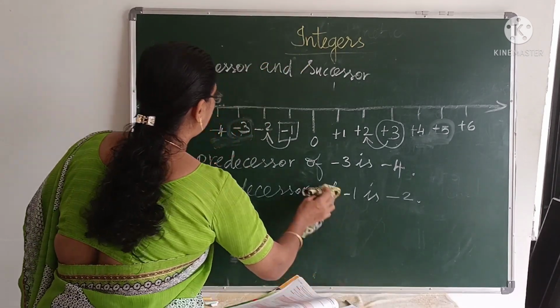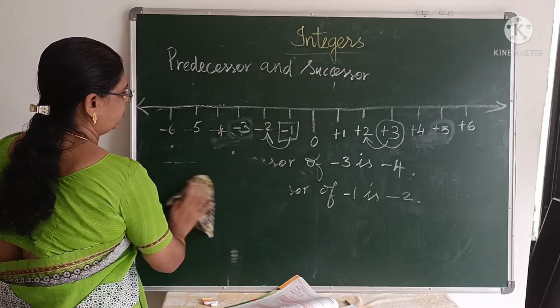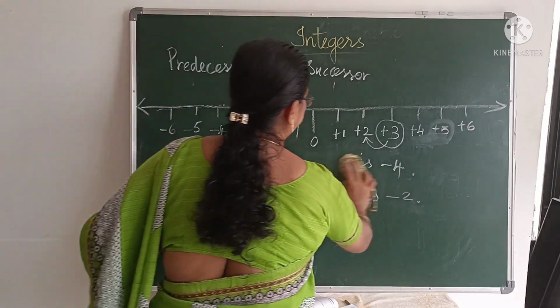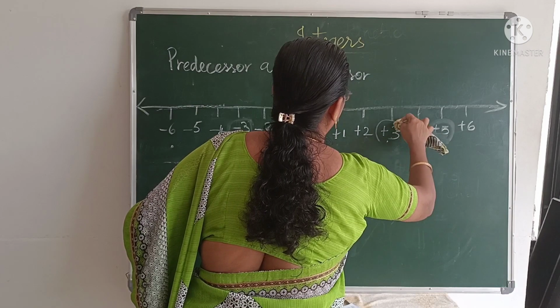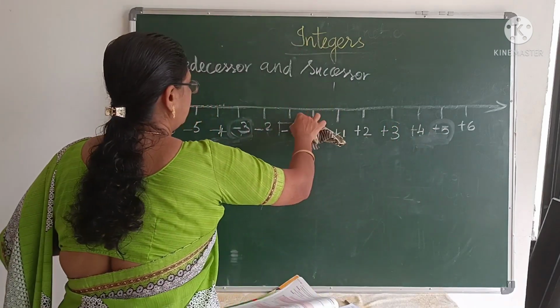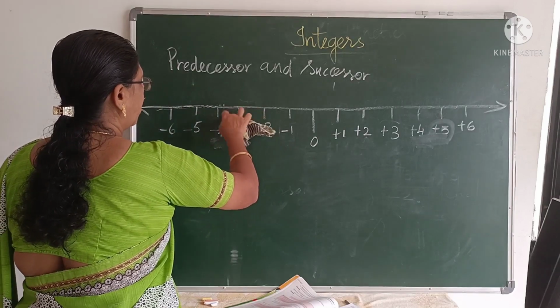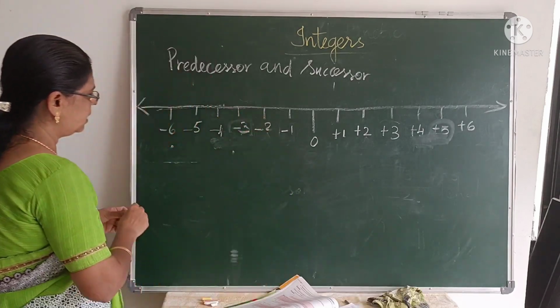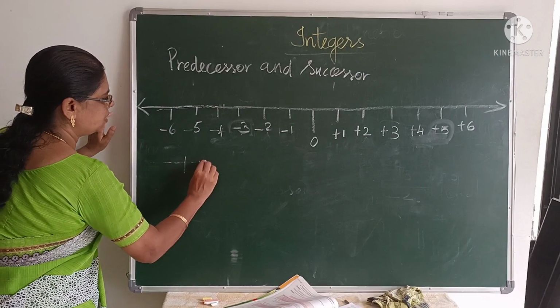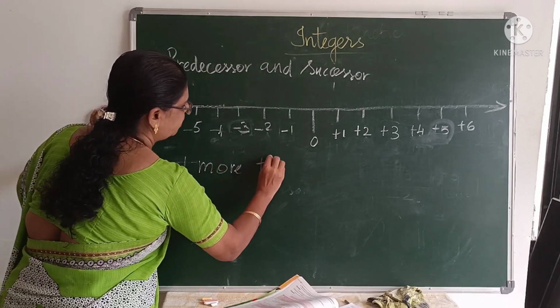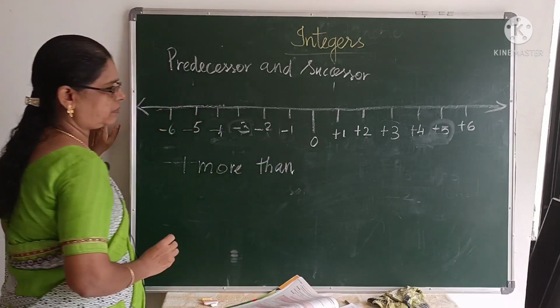Now we will learn how to find out the successor of the given integer. So the successor of any given integer is 1 more than the given integer.